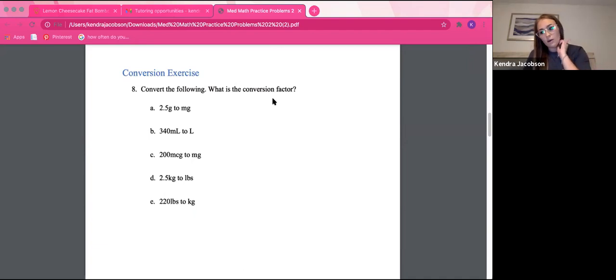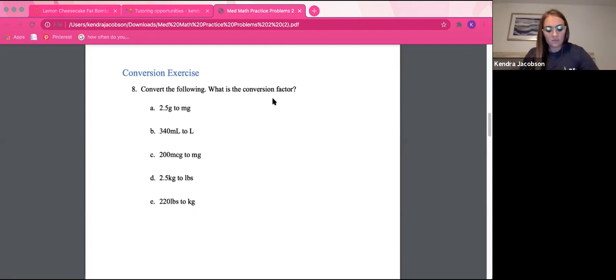So if you wanted, like I said, you could move the decimal, or you could do it a completely different way, which would be putting that 340 milliliters down, then writing your multiplication symbol and the conversion factor, which is going to be 1 liter over 1,000 milliliters, which would end up being your 0.34 liters, or whatever it wants you to round to.